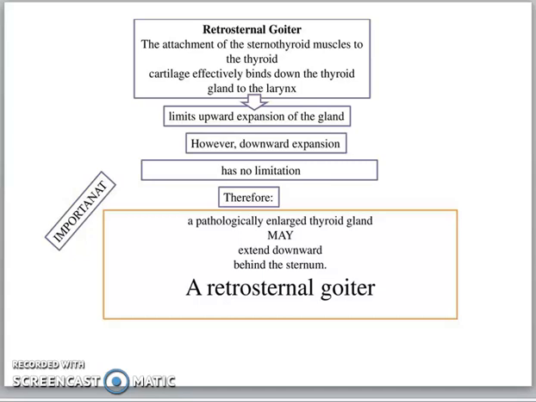So this shows that if any pathological enlargement of the thyroid gland occurs, there is a possibility of a downward extension behind the sternum. So this scenario is referred to as retrosternal goiter, because there is no limit on the inferior aspect of the thyroid, whereas if you look at the superior aspect of it, the pretracheal layer of the deep fascia keeps it in check and wraps it.